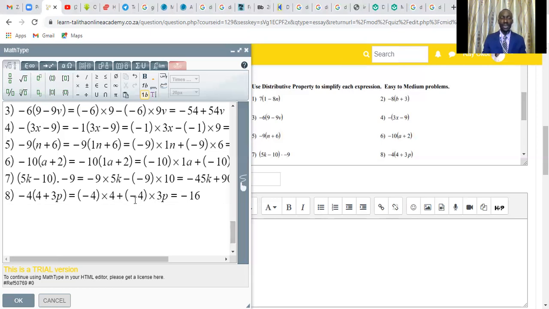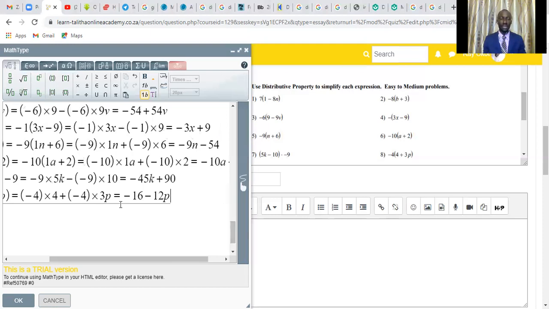But notice that this is minus and here it's plus. A minus times a plus gives a minus. So we'll be having there minus 12p. And this forms the solution of activity 1, question 8.